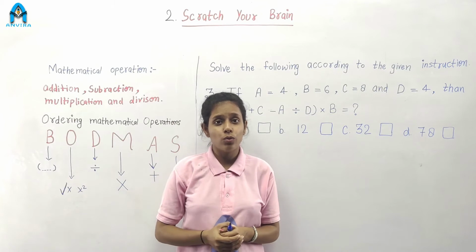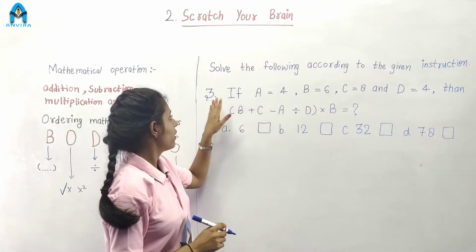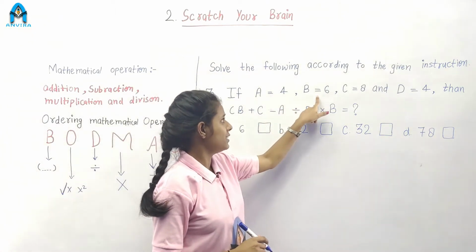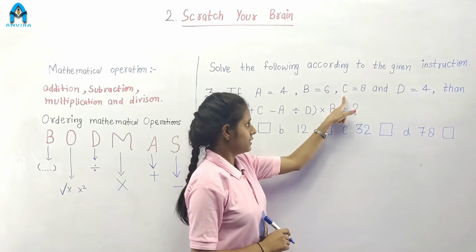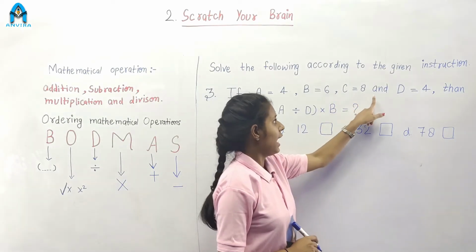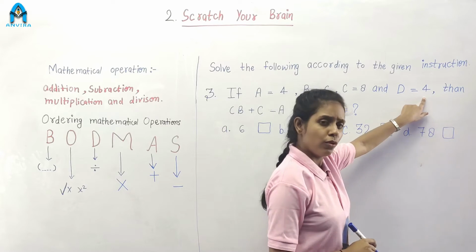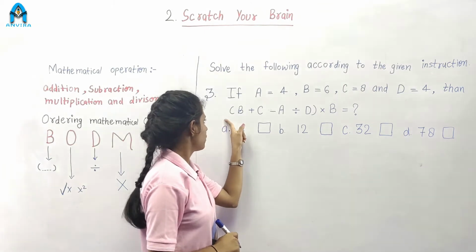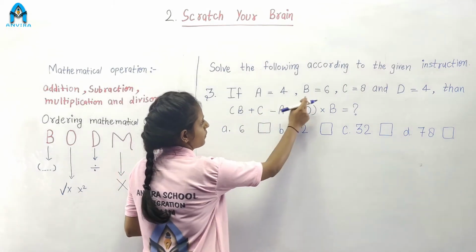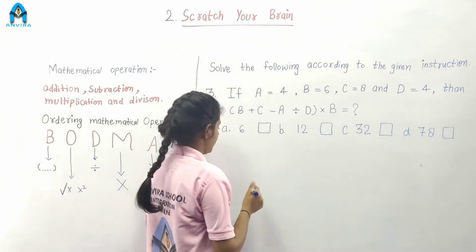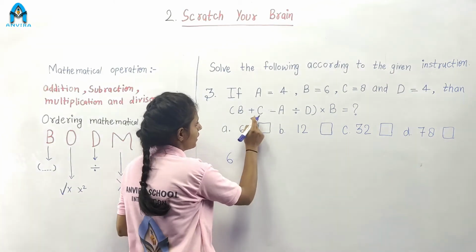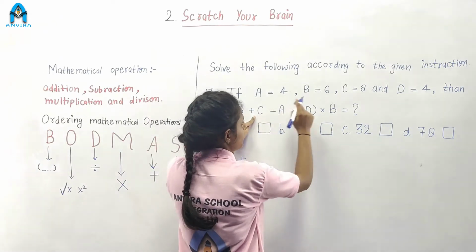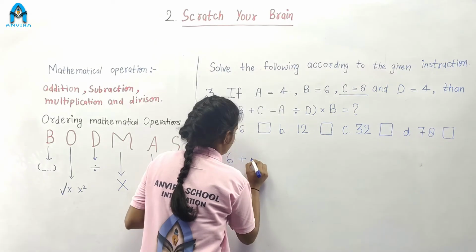Now, let's go to our question number 3. If A is equal to 4, B is equal to 6, C is equal to 8 and D is equal to 4, then you have to solve this sequence. So, B is equal to 6. So, 6 plus C. C is equal to 8.